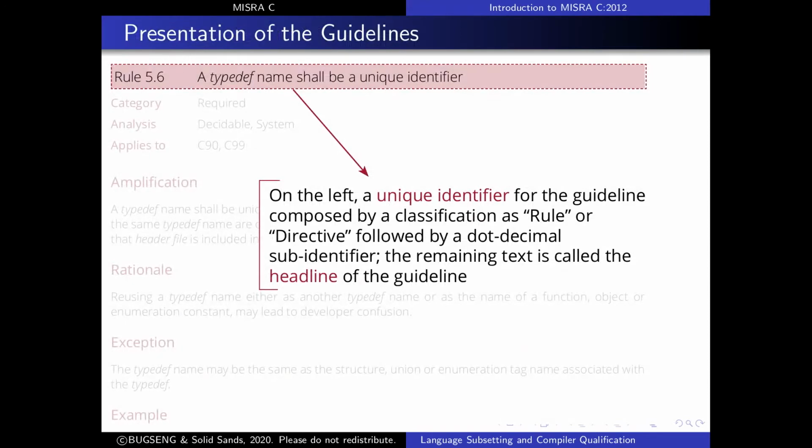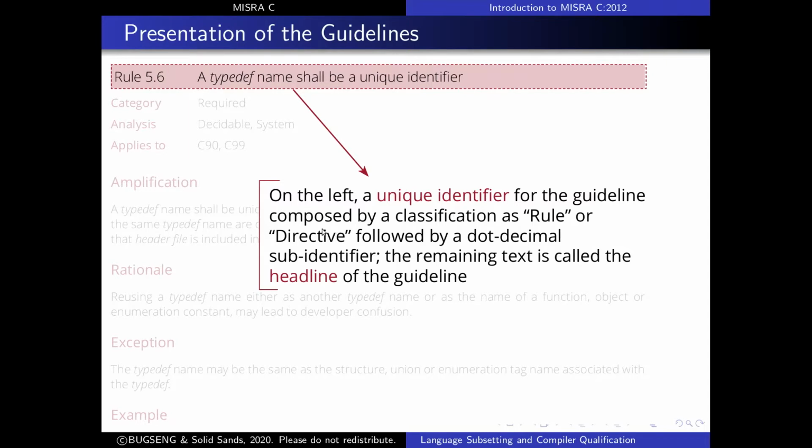So what is MISRA C 2012? It's a document, okay? Around 200 pages where a collection of guidelines are presented. So every guideline is introduced by a pink strip like this one. There is on the left a unique identifier, which is composed of a classification, which is either rule or directive.